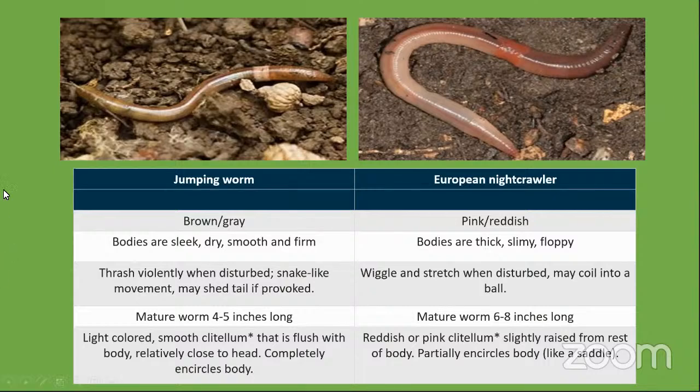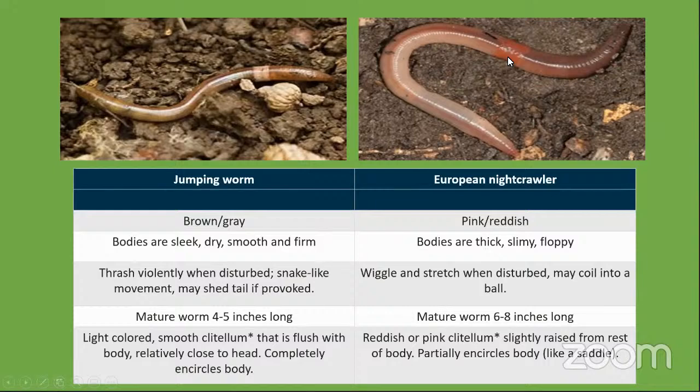And one of the key things is this part here called the clitellum. In the jumping worm, this is flush with the body. It isn't extended up, or there's no bump there. It's relatively close to the head. It's within the first 15 segments or so of the head of the worm.